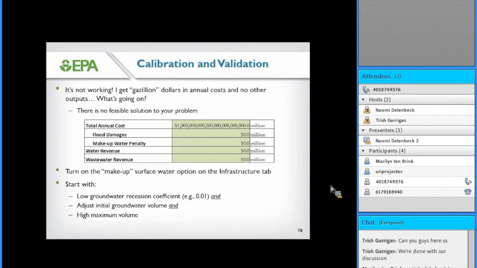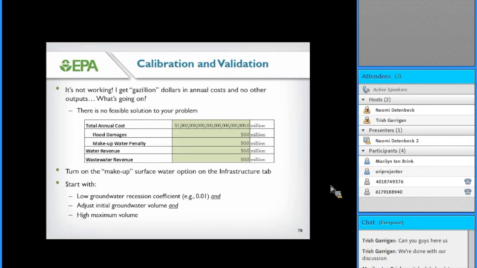But it will also calculate the cost associated with this amount of water. In the infrastructure tab, we had specified for this option a cost per MGD, and we had specified a very high cost when we go through our menu of options. We want this option to be selected as a last resort.